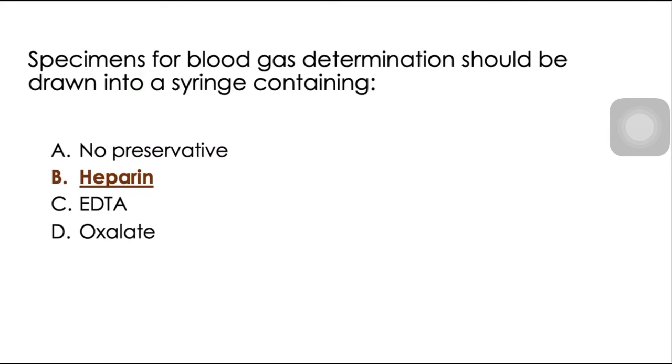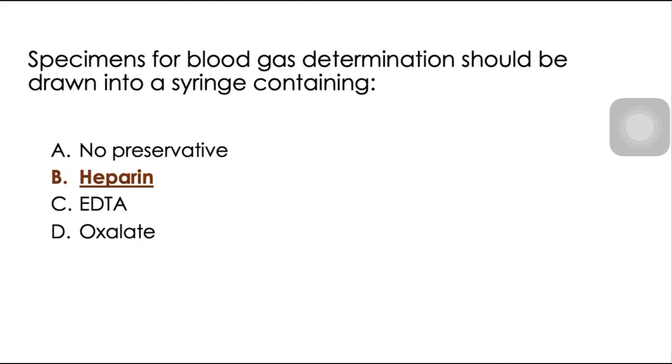So we are using here lithium heparin. So kailangan po pre-coated na yung syringe ng lithium heparin. Again, pakitandaan, we are never using evacuated tube for blood gas determination. So we are using a syringe pre-coated with heparin.